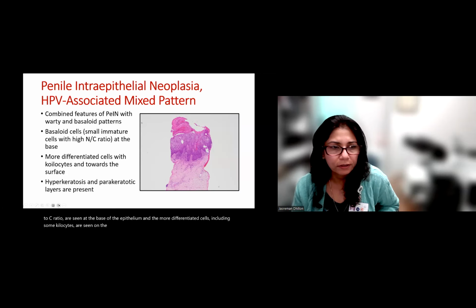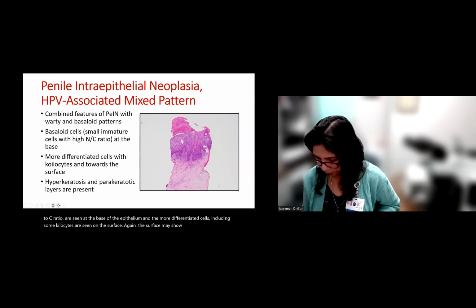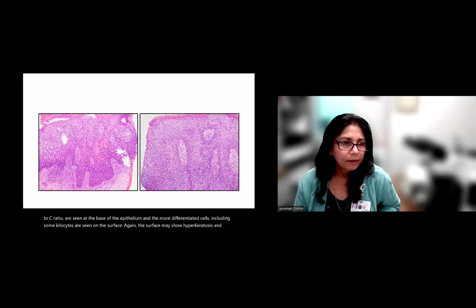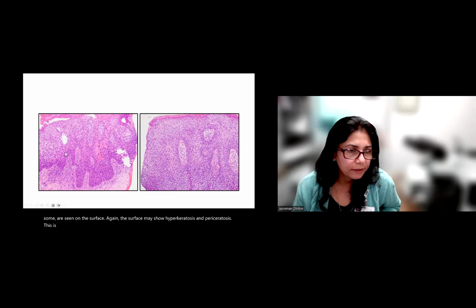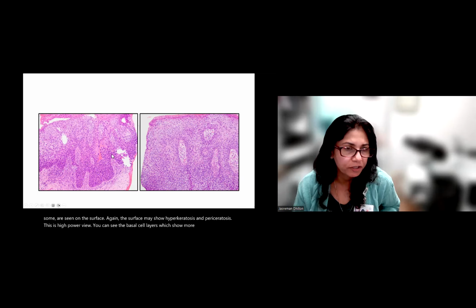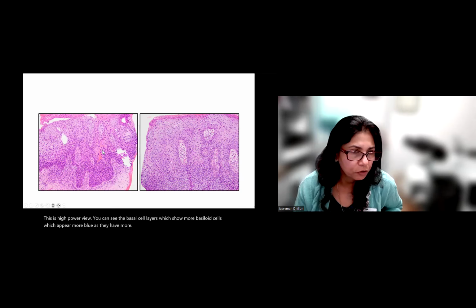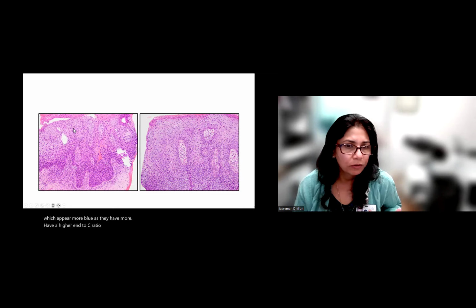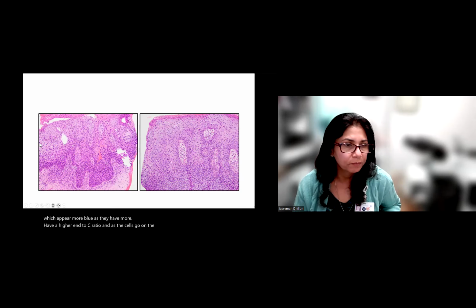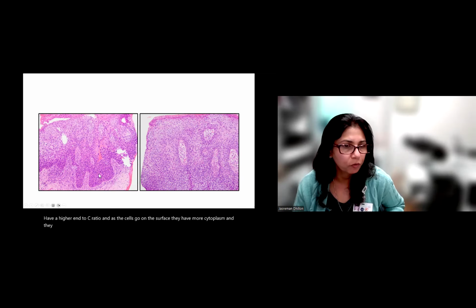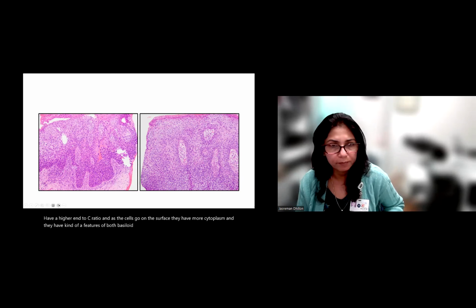Again, the surface may show hyperkeratosis and parakeratosis. This is a high power view. You can see the basal cell layers, which show more basaloid cells, which appear more blue as they have a higher N-to-C ratio. As the cells go to the surface, they have more cytoplasm, and they have features of both basaloid and warty subtypes.